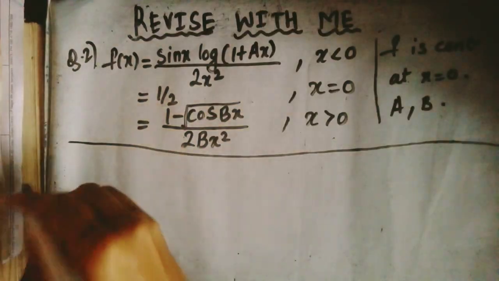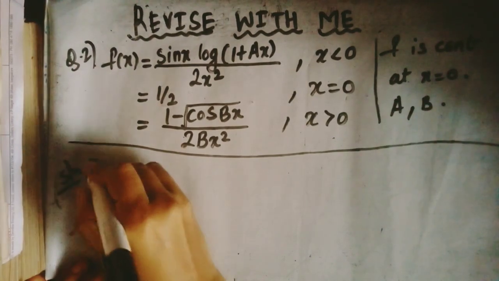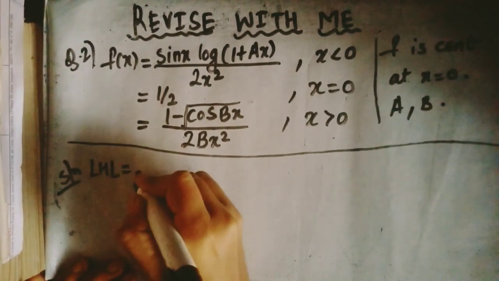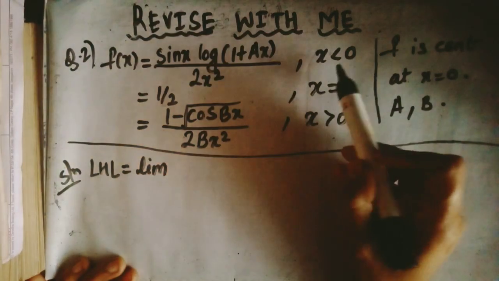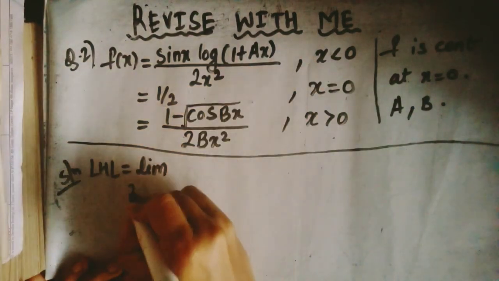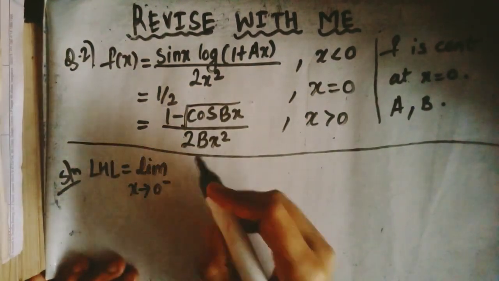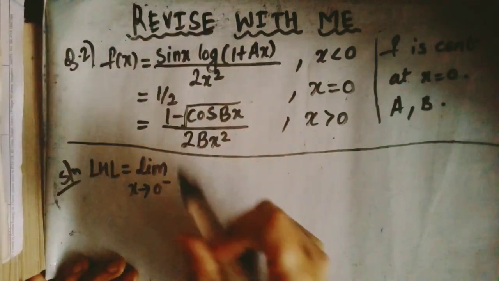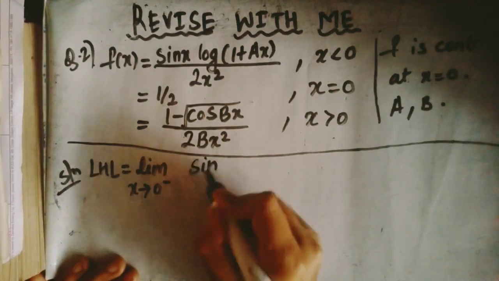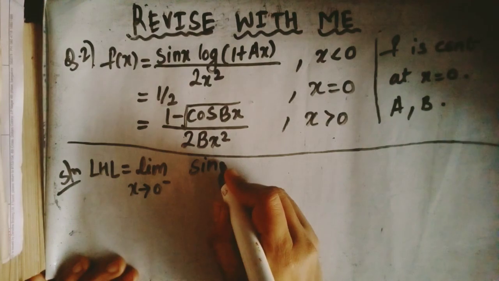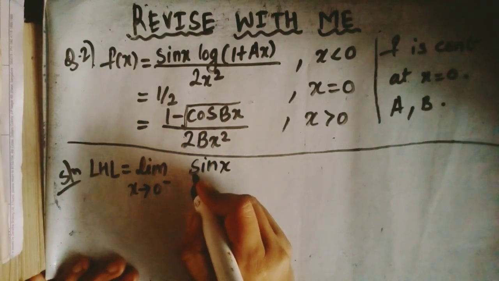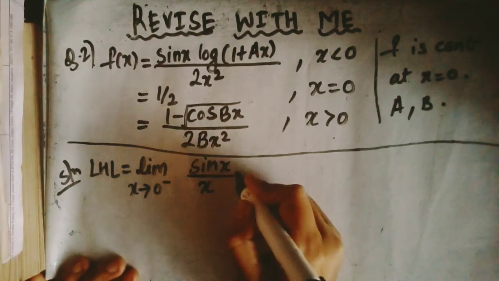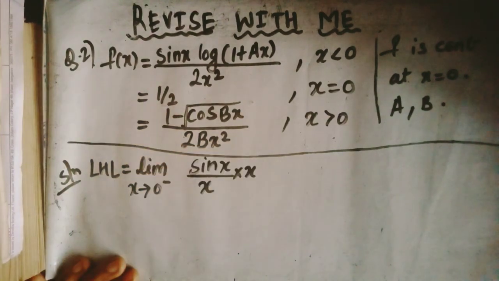Okay, so you have to find the left hand limit and right hand limit. So LHL will be, this becomes your LHL, limit as x tending to 0 minus. Okay, now here again you have to apply all the limit formulas. Sin x upon x into x I'll do.